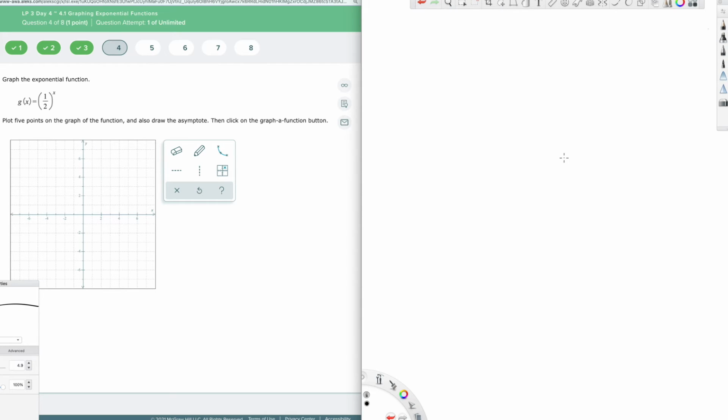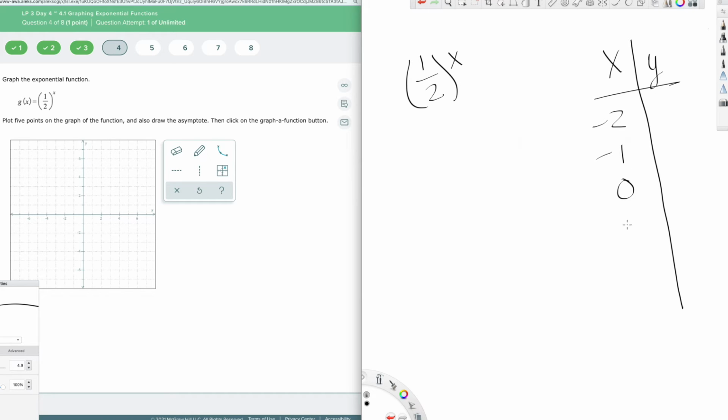Okay. So we're just going to keep practicing these guys. So I'm going to have x, and y, I don't know why I made that so crazy long, but I did. If I put a 0 in here, it doesn't matter what the number is, it's going to be 1. So I already know that one. So then 1/2 to the -2. I'm squaring both, but I do need to flip them over. So it's going to be 4/1, so it's going to end up just being 4.